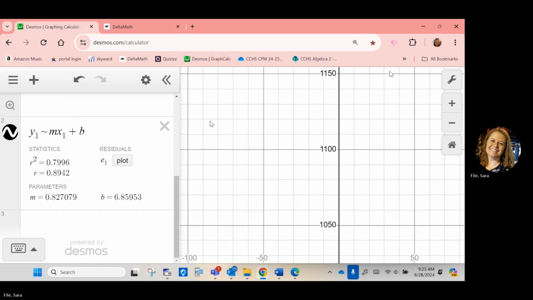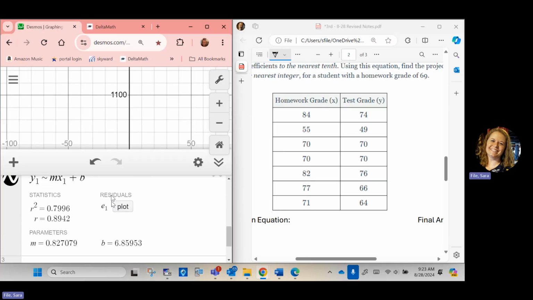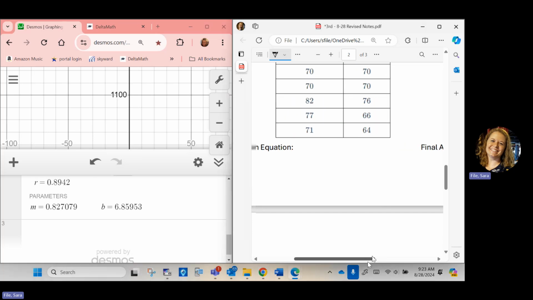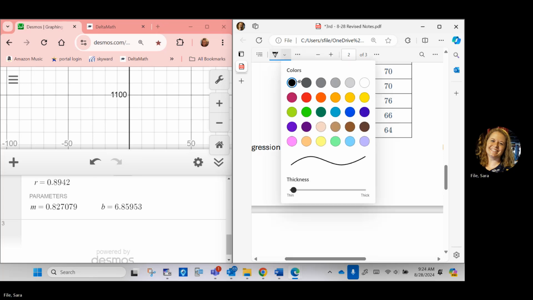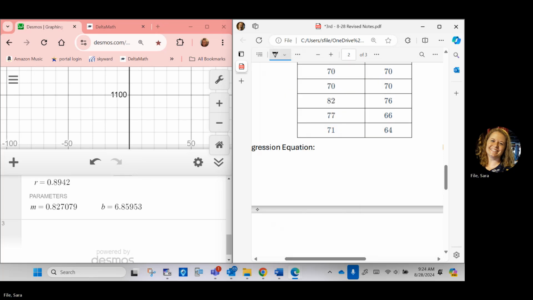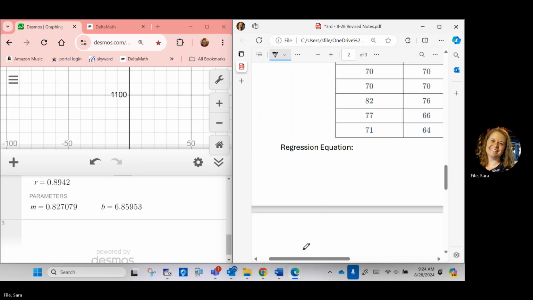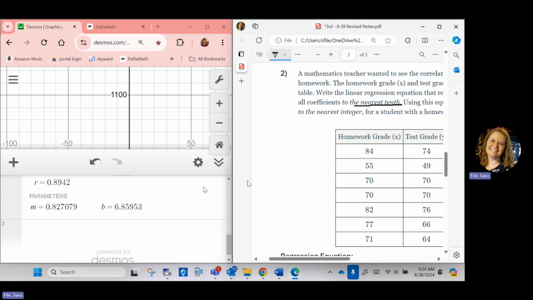There we go. Sorry, it disappeared on me. So now I'm going to identify the equation. Y equals, now it said to round these values to the nearest 10th. So looking over here, this one I do need to round.